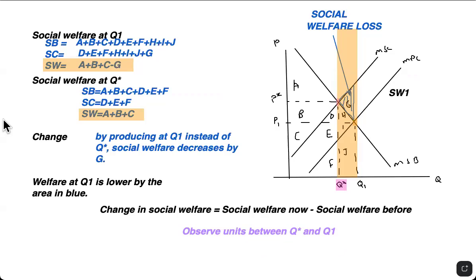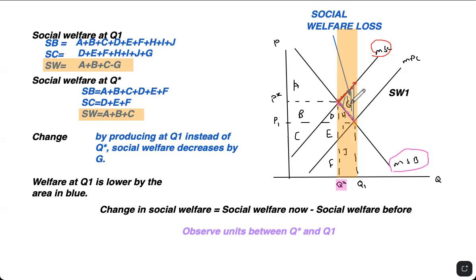So let's look at the costs that they have added. All these units will have added all of these marginal costs, but they have added all of these marginal benefits.